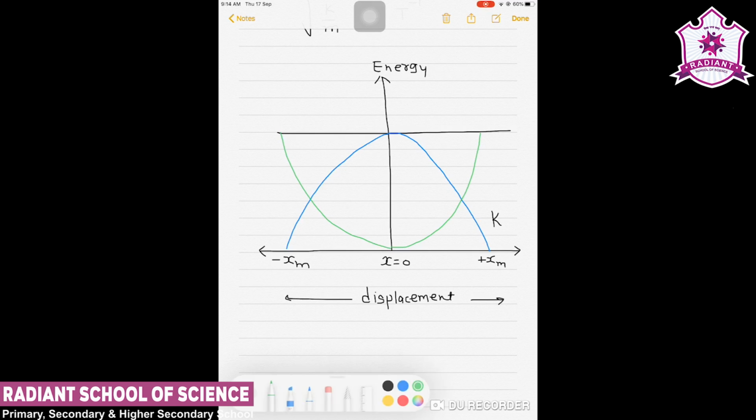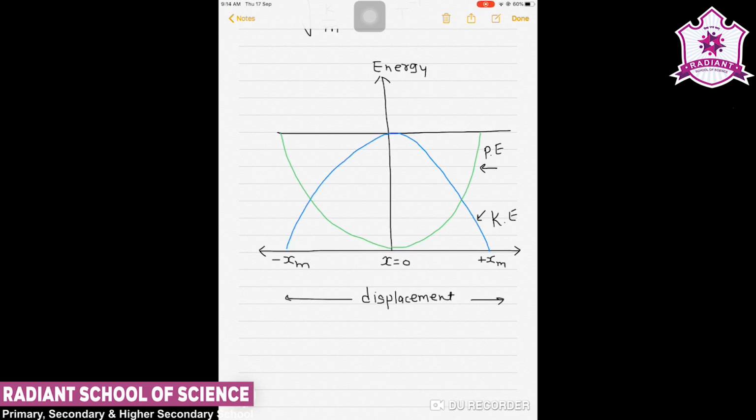This is the graph for the potential energy, and this is for the kinetic energy. This is a parabolic plot of the potential energy and kinetic energy of a block attached to a spring obeying Hooke's law. Hooke's law states that force is directly proportional to the displacement.